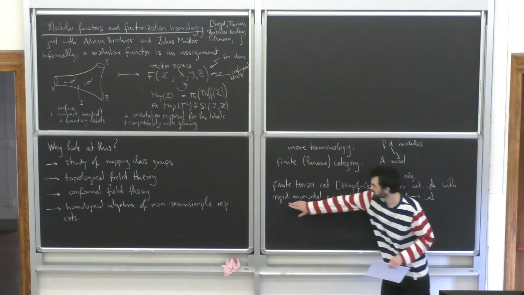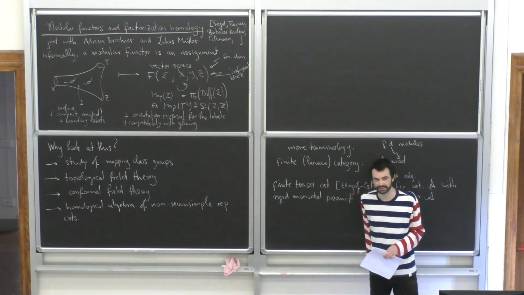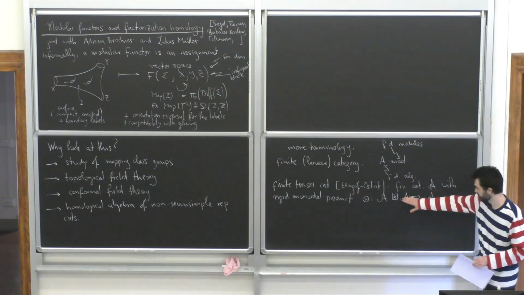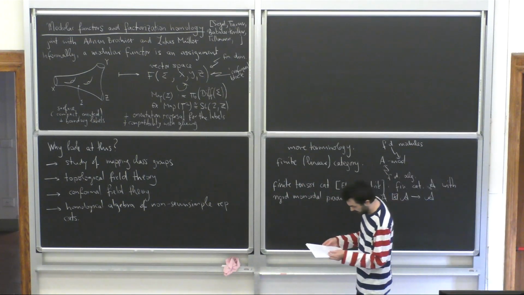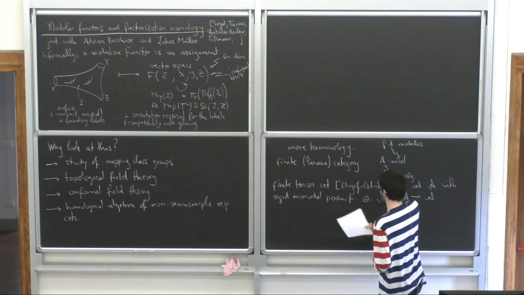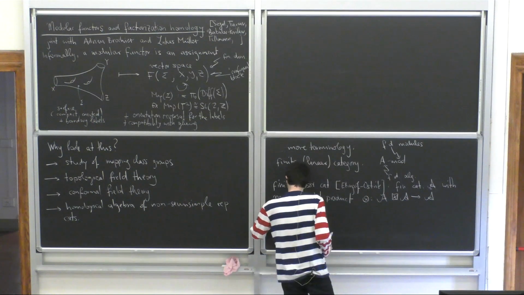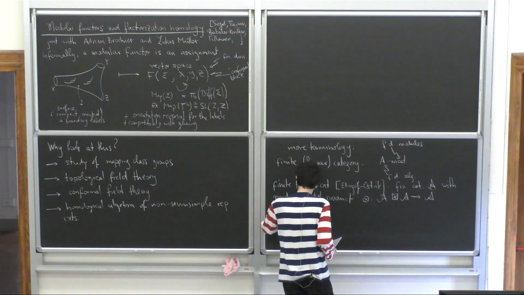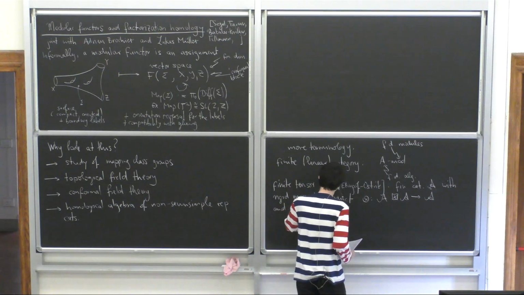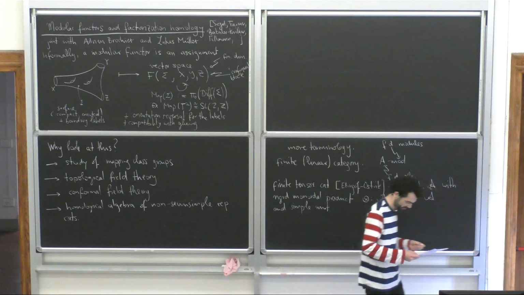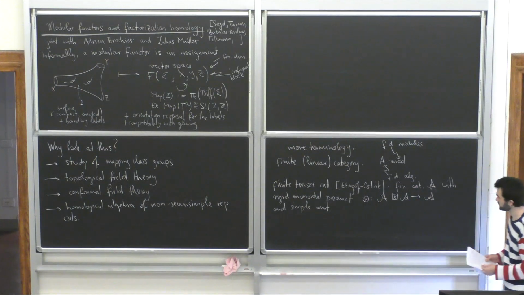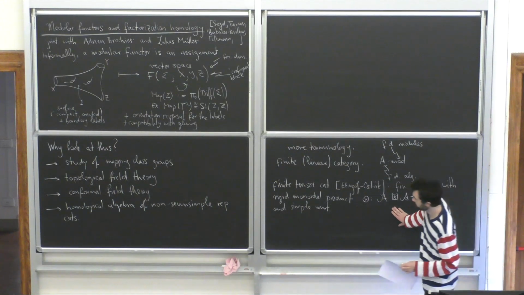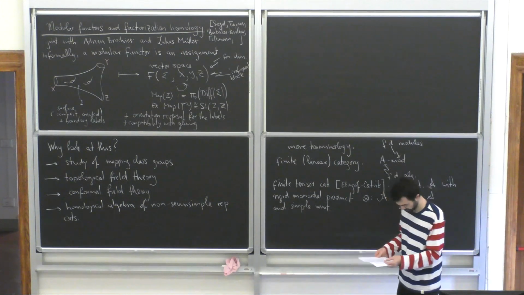It's rigid, so it has both duals, so it will be exact anyway, so I can write it like this. It's going to descend to the linear product anyway. Rigid monoidal product and a simple unit. This is not super relevant, but it's in the original definition. And if this is semi-simple, then people call this a fusion category.